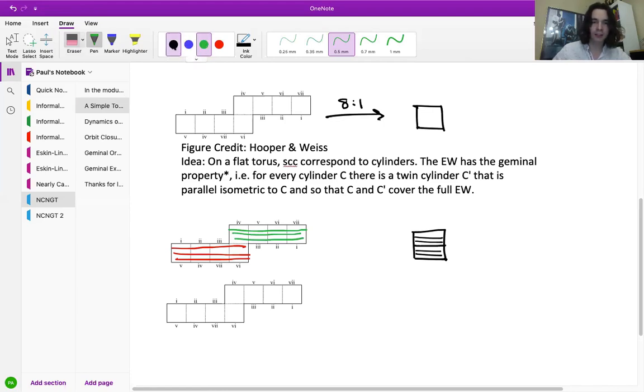And similarly, if I took my torus and I took a curve, say one that goes like that, the cylinder is foliated by parallel curves in the direction of the red curve here.